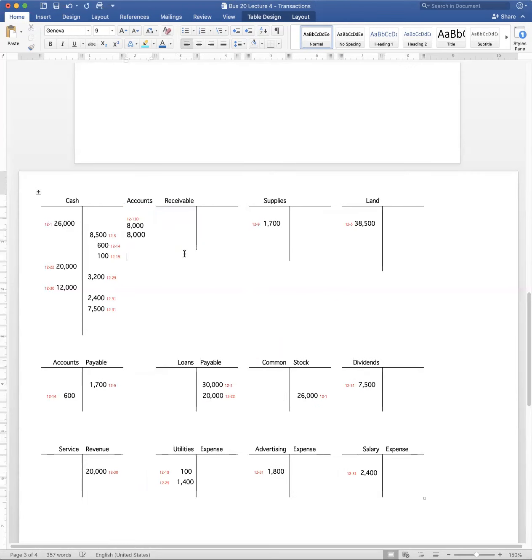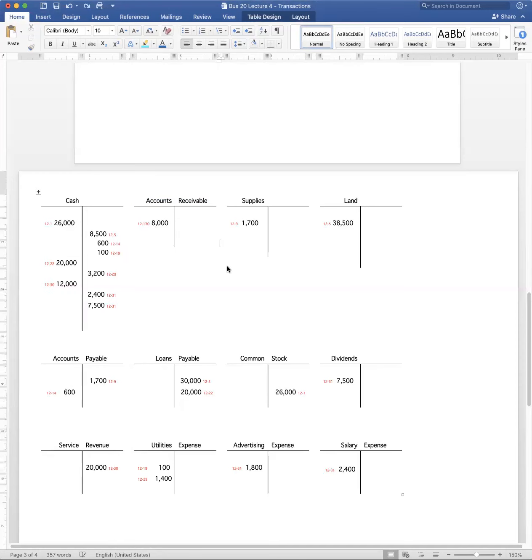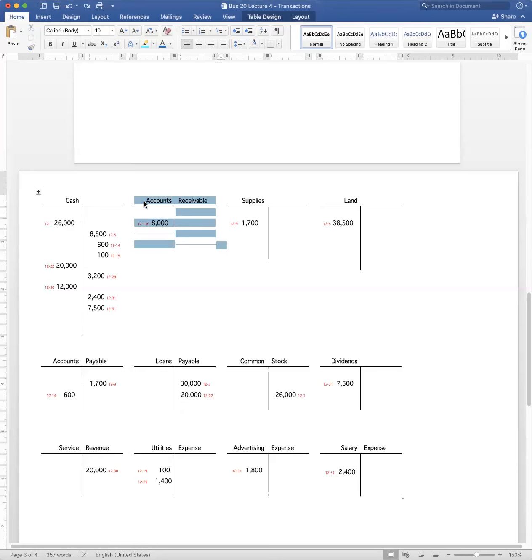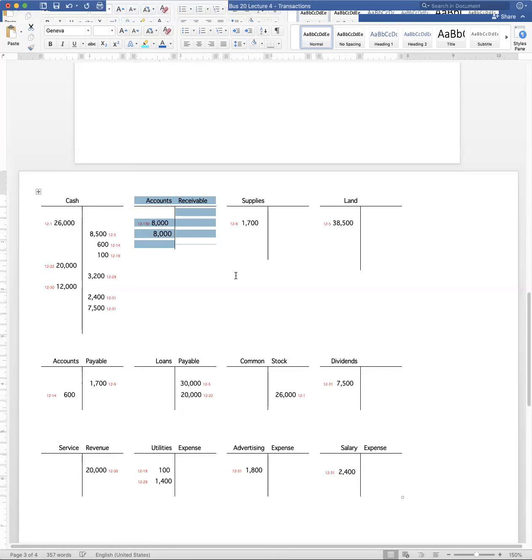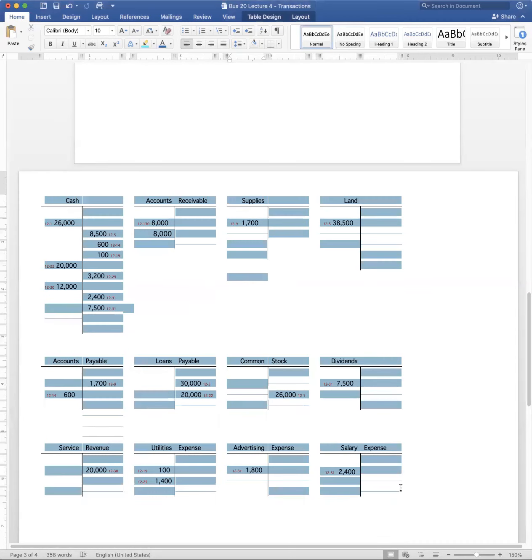So here, somehow I messed that up. But here with accounts receivable, we're going to, and of course that didn't copy over. So I'll tell you what I will do instead. And this is where we have technical difficulties with online. I'm just going to copy over the whole thing. And it's thinking about it, of course.